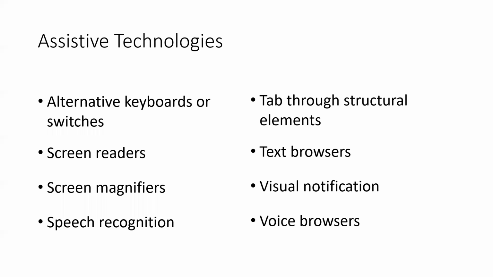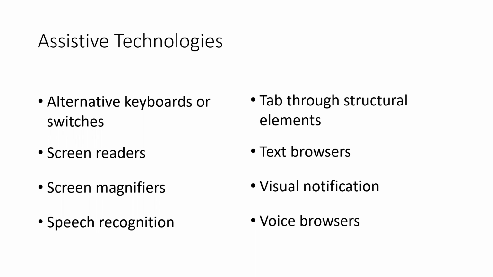Assistive technologies also help drive accessibility and usability of websites. There are alternative keyboards or switches. There are screen reader software programs which can read out and navigate a website, and screen magnification software, which can enlarge what is displayed on the computer monitor, making it easier to read for vision impaired users.